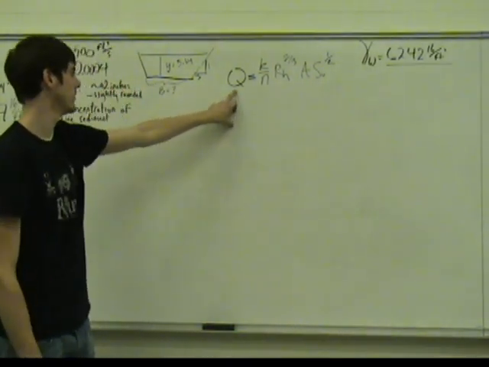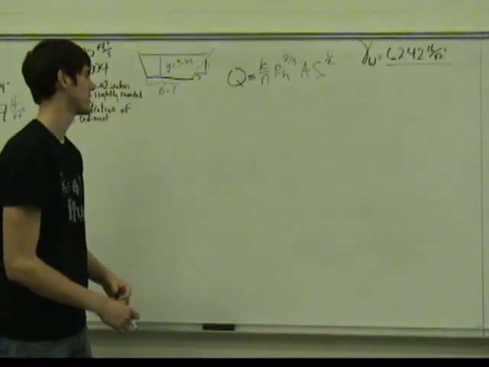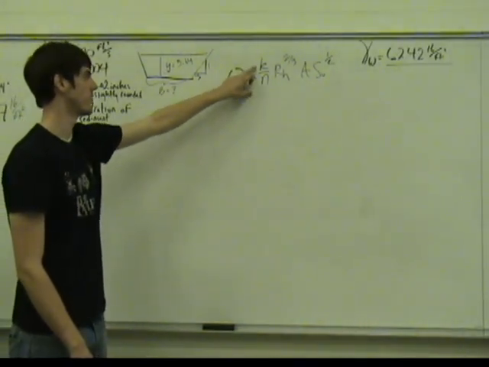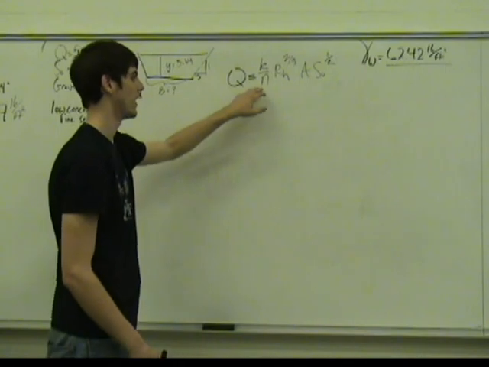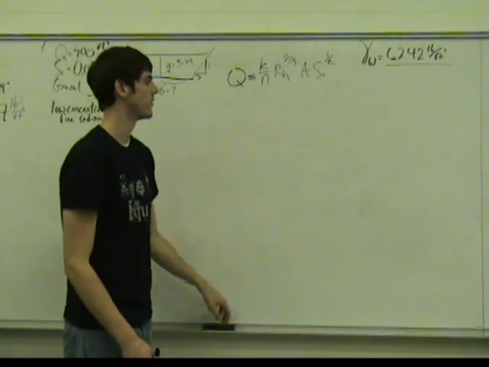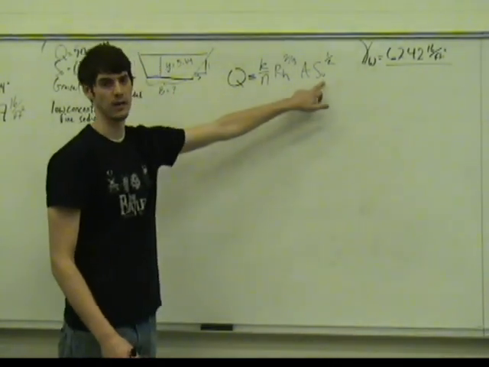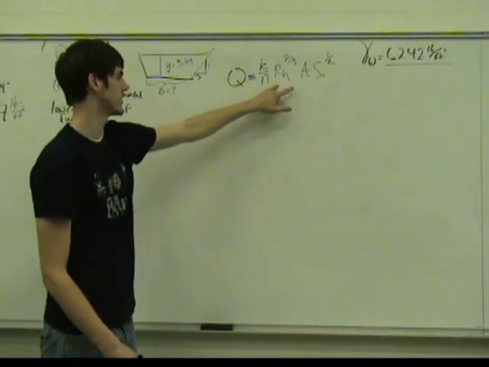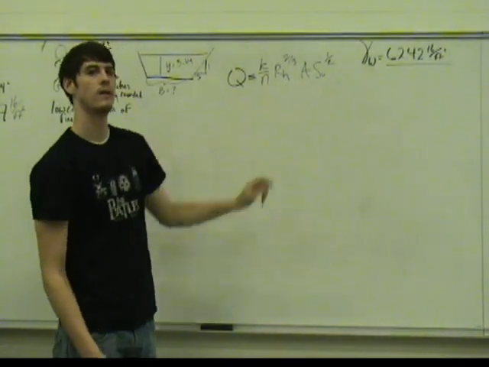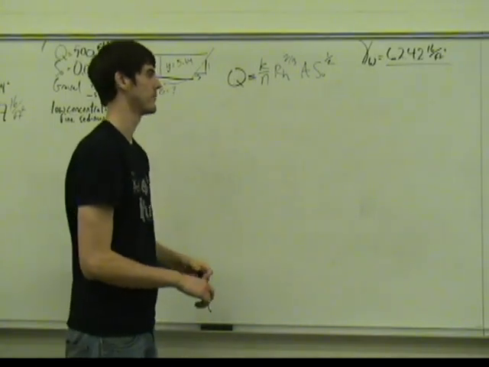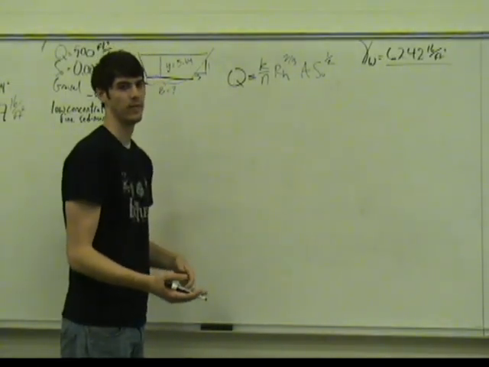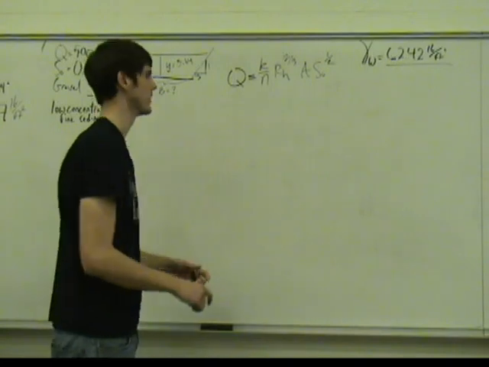We know that the Q for our design is going to be 500 cubic feet per second. Because we're using foot-pound units, we're going to use K equal to 1.49. We know that n for gravel is 0.04, and we know the bed slope. What we don't know is the hydraulic radius and the area. These are going to be functions of the bed width and the depth. Since we don't know the bed width, the whole equation is going to be a function of b.